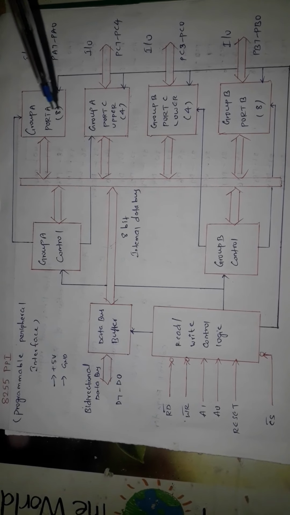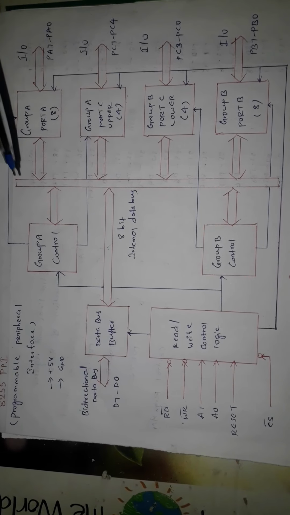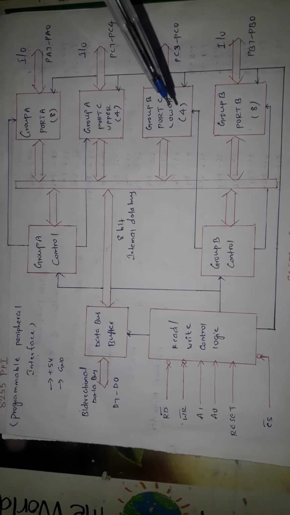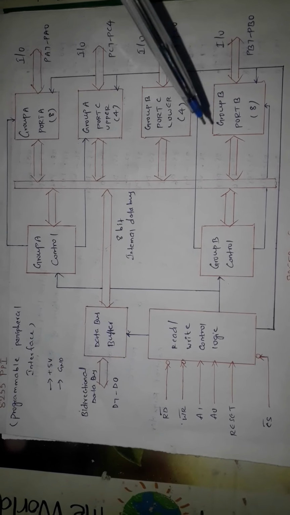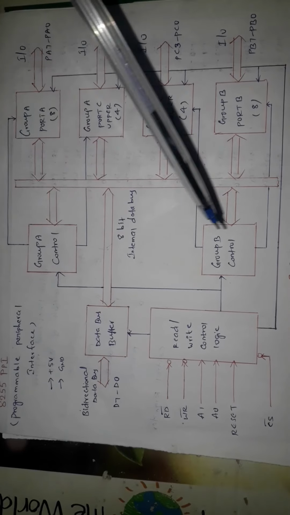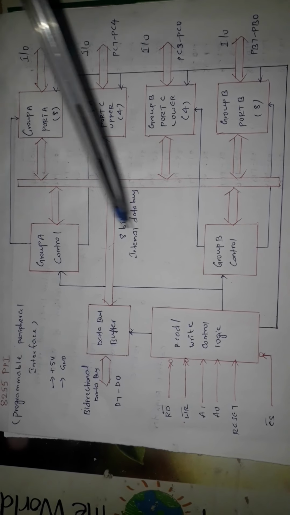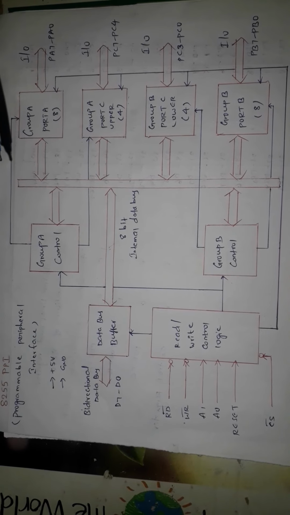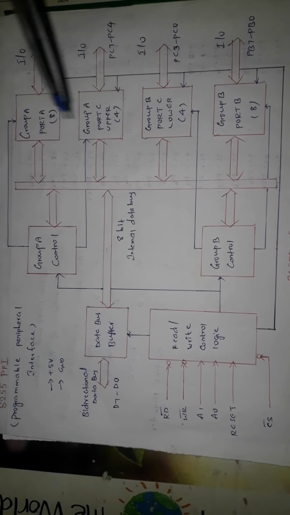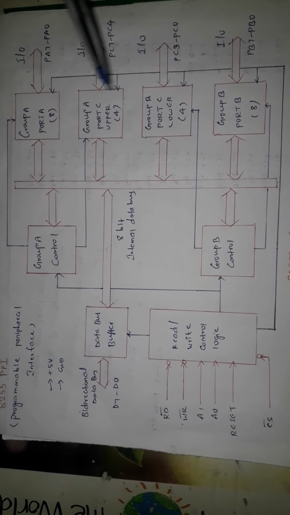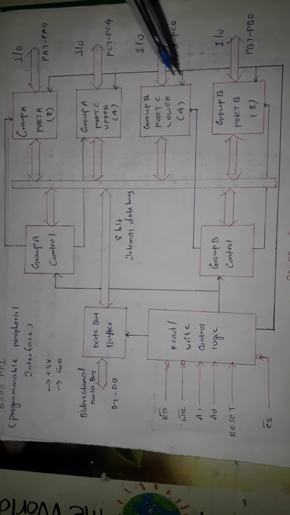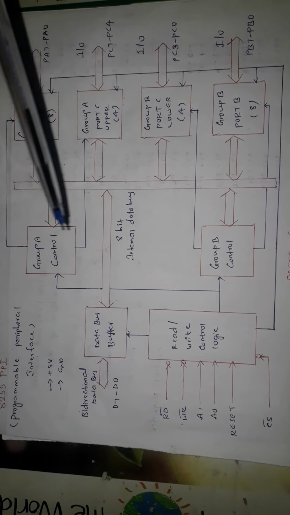And port A and port C upper are under the control of group A, and port C lower and port B are under the control of group B. So another control register is used here. This control register controls or selects the different modes of operations of these ports, and the direction of the ports as input and output are selected through this control register.